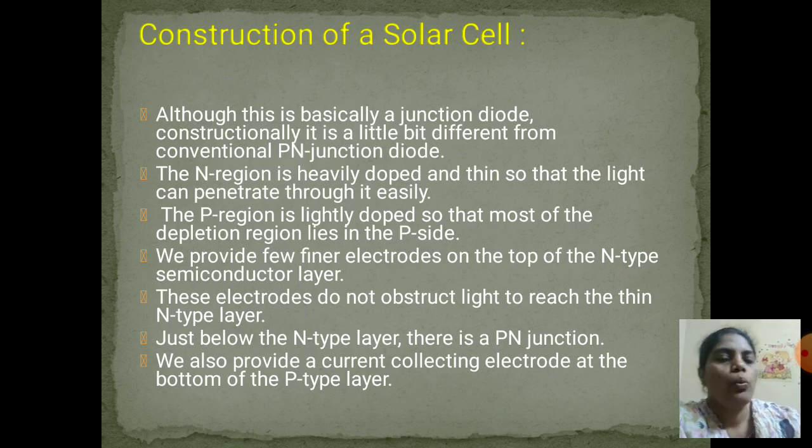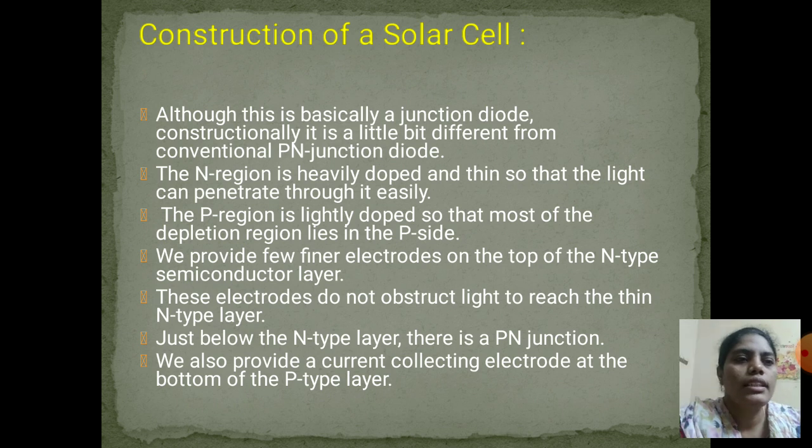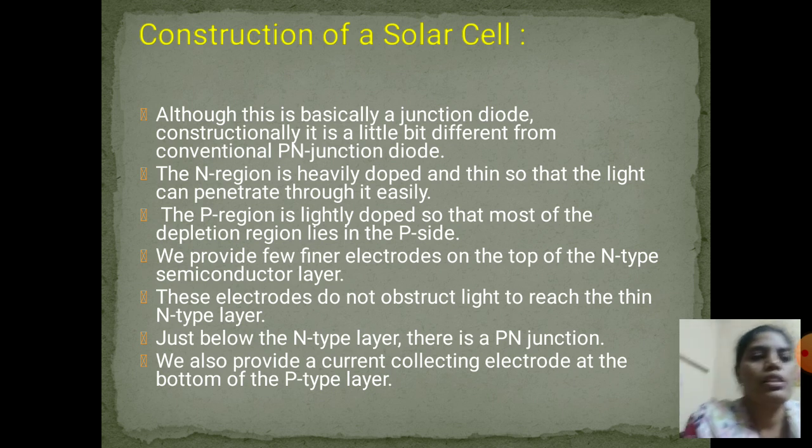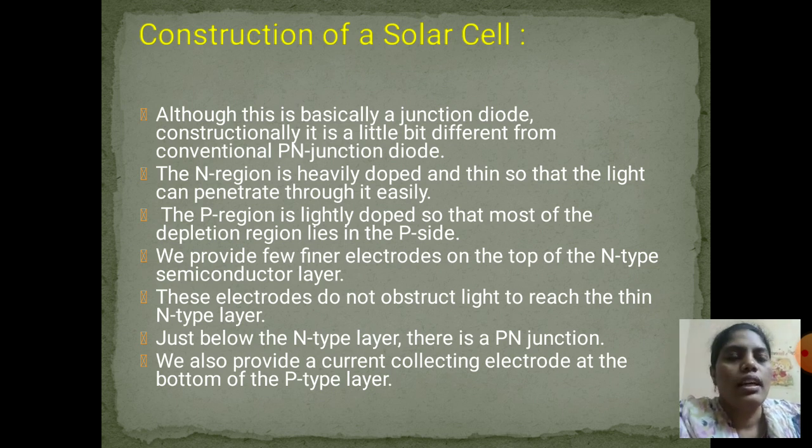So let us see how a solar cell is constructed. Constructionally it is a little bit different from a conventional PN junction diode. We have seen in previous video lessons or in previous PowerPoint presentations a simple PN junction diode.